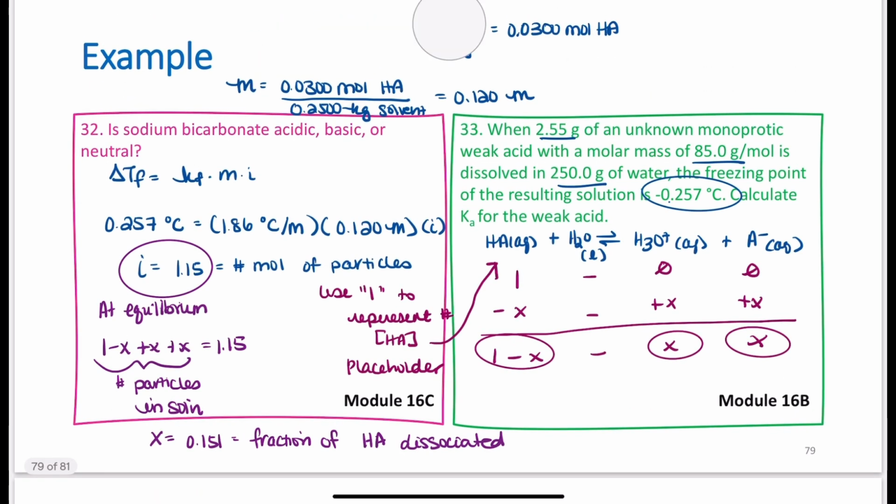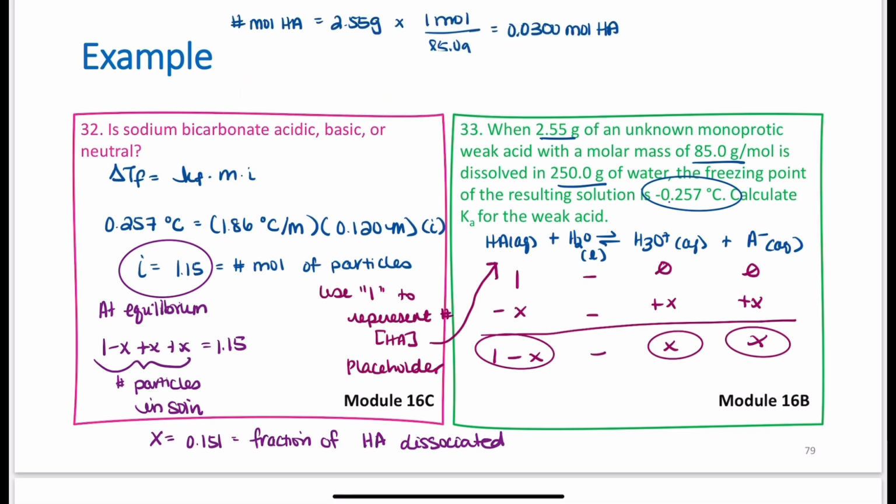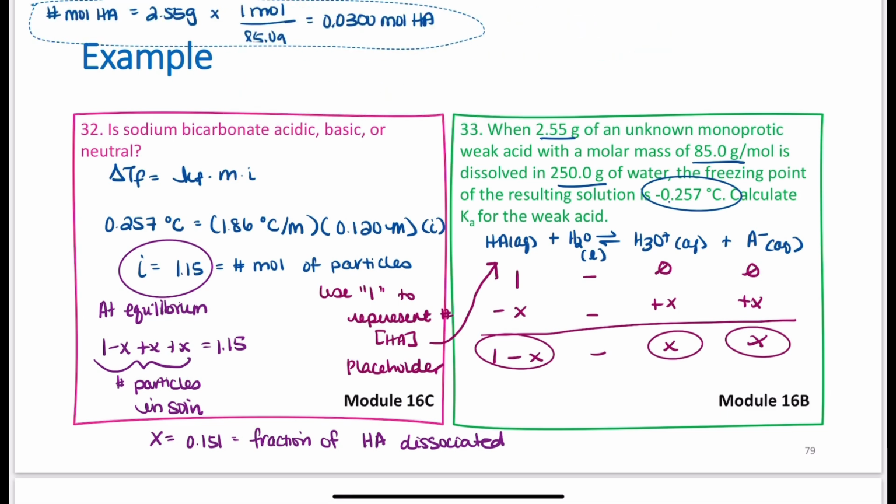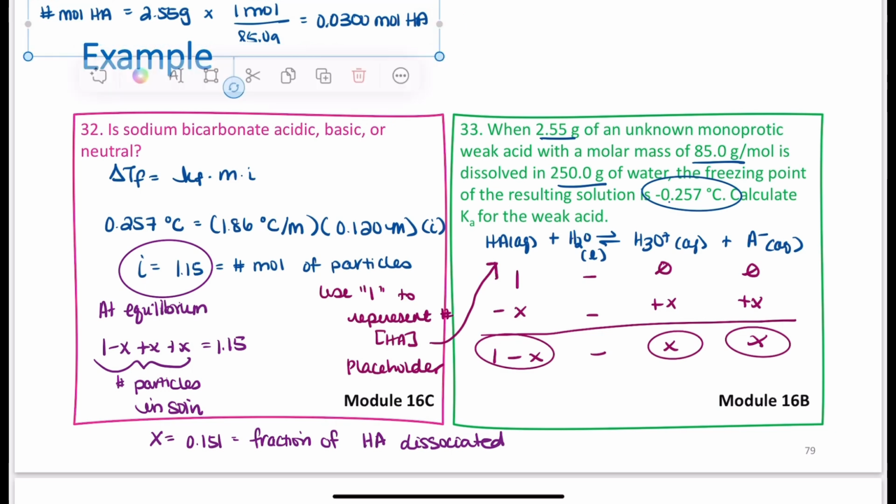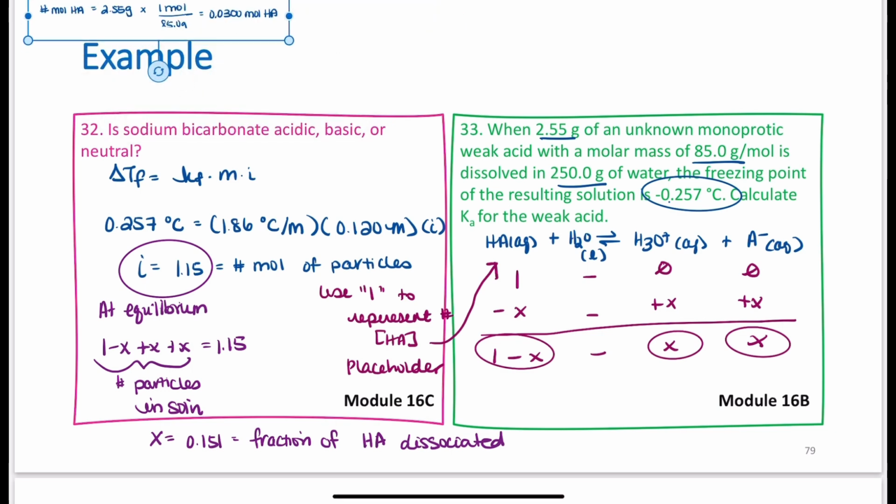Go back up here because I need space again. I just erased something I need. 1 second. Okay. I also figured out previously that I had 0.03 moles of HA in solution. I need to figure out the molarity of the solution here. I know I used 250 grams of water.